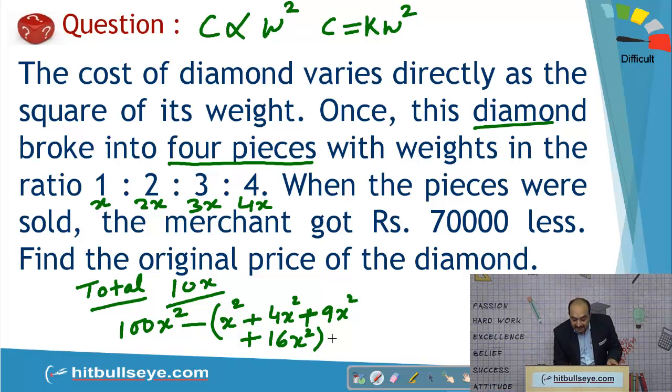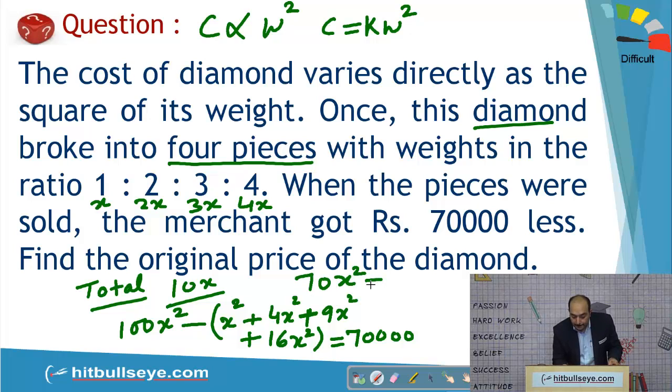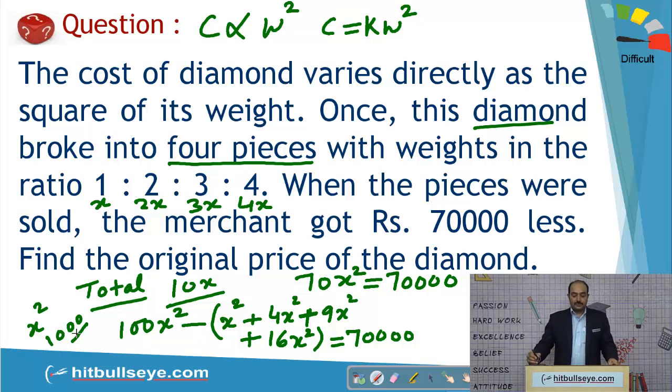This difference is given to us as 70,000. Now solving it further, we'll get 100x square minus the value in the brackets, x square, 4x square, 9x square and 16x square, which gives us 30x square, which means 70x square equals 70,000. This gives us the value of x square as 1000.